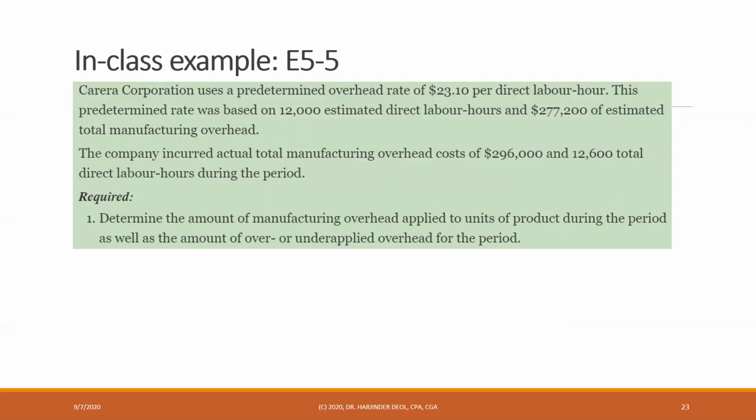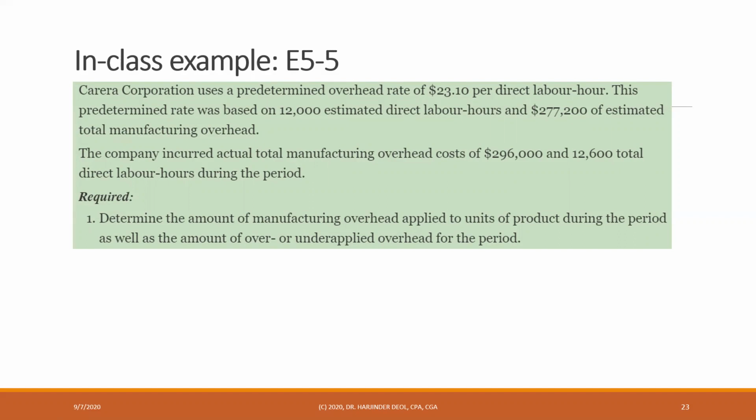Here's another example. Carrera Corp uses a predetermined overhead rate of $23.10 per direct labor hour. This predetermined rate was based on 12,000 estimated direct labor hours and $277,200 of estimated total manufacturing overhead.